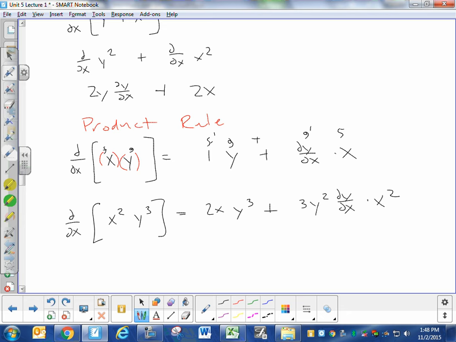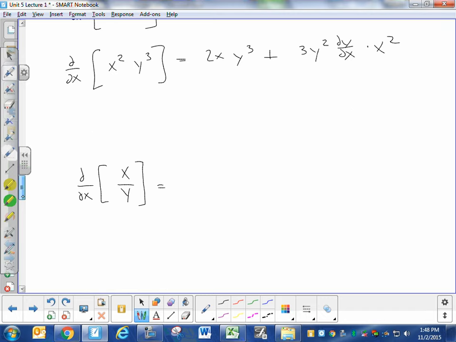Okay? Product rule. We could have a quotient. Don't forget to use the quotient rule. x over y: derivative of the top times the bottom, minus the derivative of the bottom times the top, all over bottom squared.